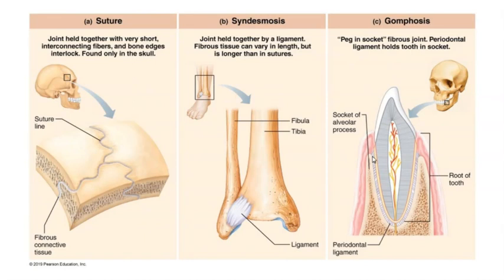The strength of the gomphosis joint permits no movement of the tooth in the socket, so it's very similar to the very short fibers that we see in the suture joints. For that reason, gomphosis joints are functionally classified as synarthroses. So these are immovable joints.